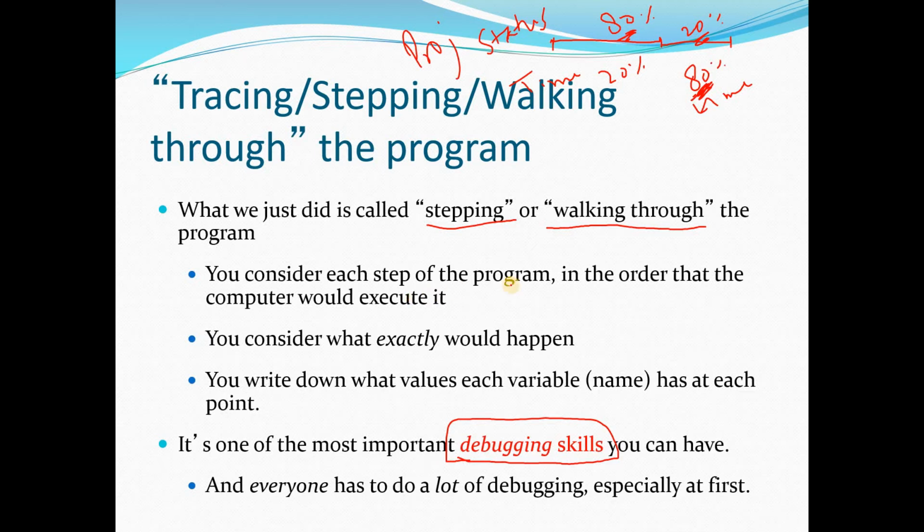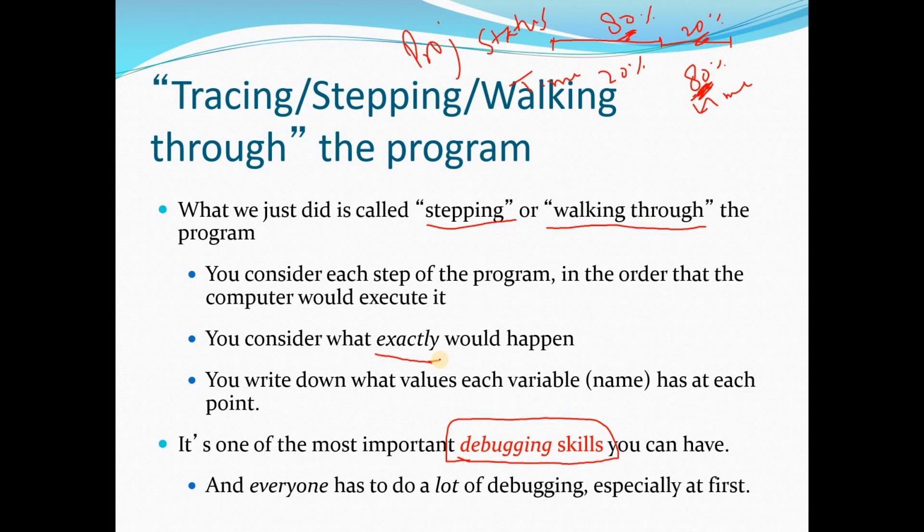So you consider what exactly would happen. Always when you are running the code, you should think what will happen on this line, what the computer will do on this line. Your mind should be clear about it. You don't ask the computer what will happen. Your mind should be clear what should happen, and you only confirm by looking at the output the computer gives you.